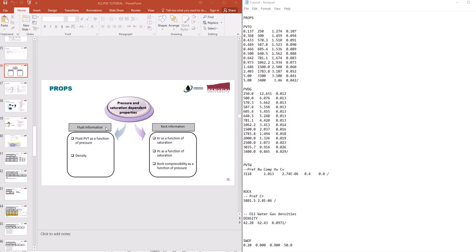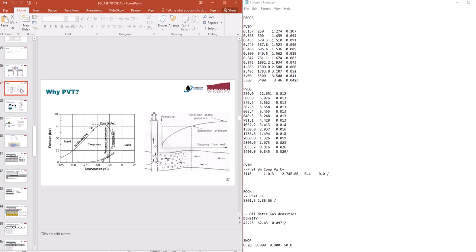And also in the props section we are going to tell the Eclipse what will be the relative permeabilities in our system, what will be the capillary pressure in our system, and also what will be the rock compressibility in our reservoir.